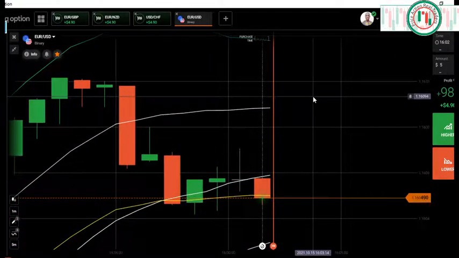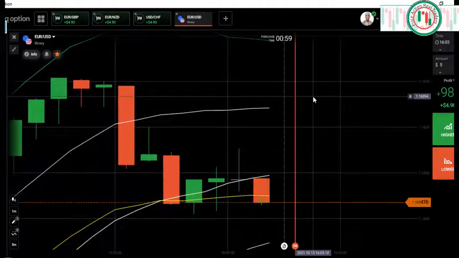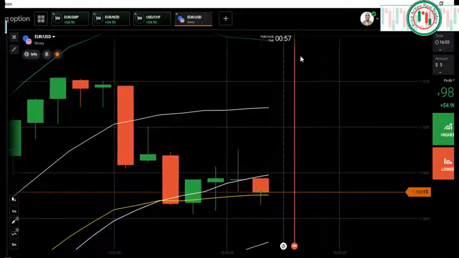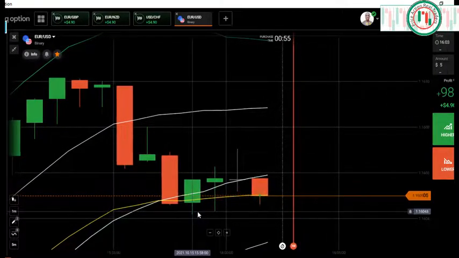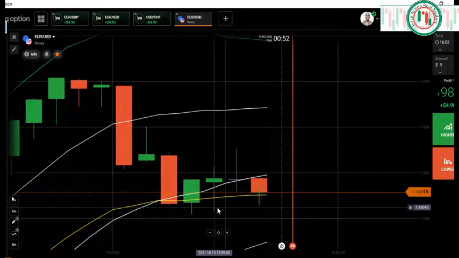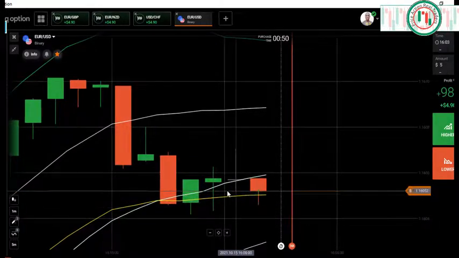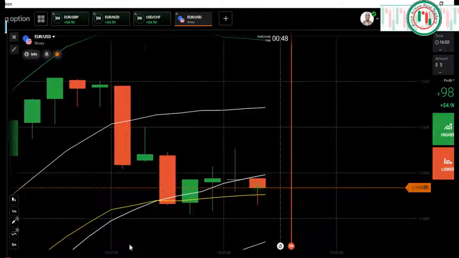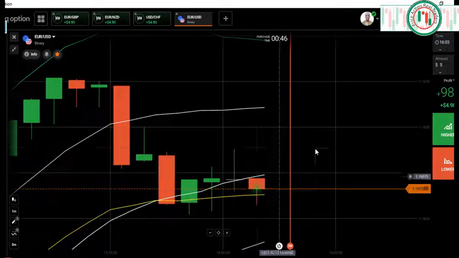So let's see the next candle. Let's wait for the next candle.